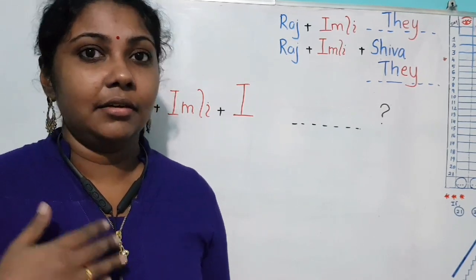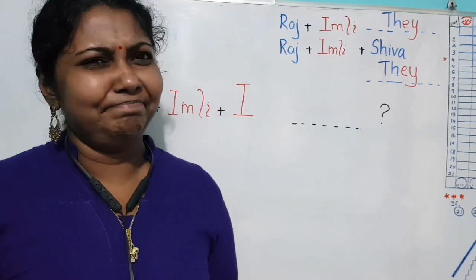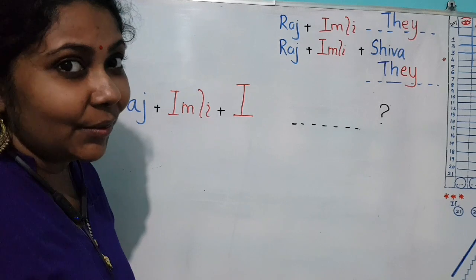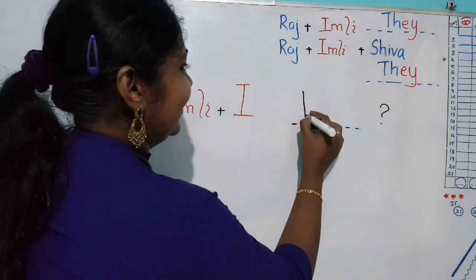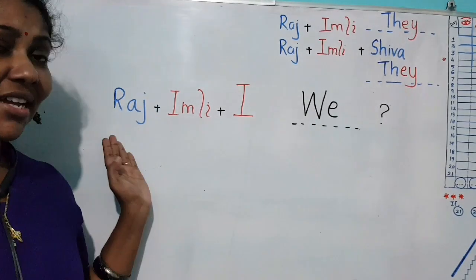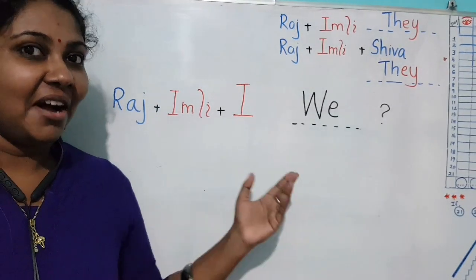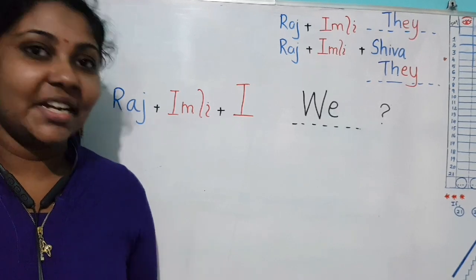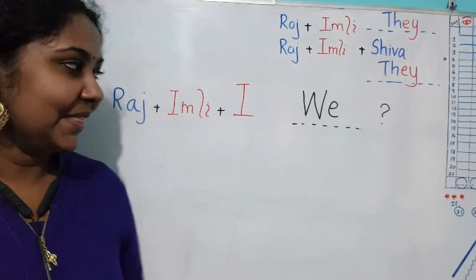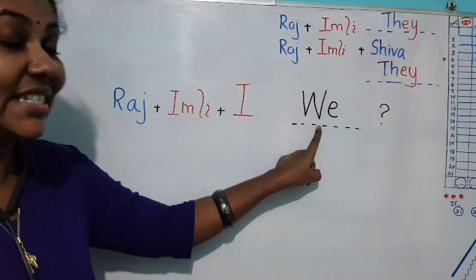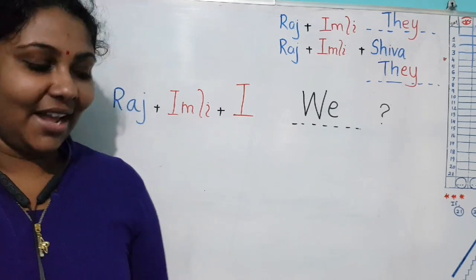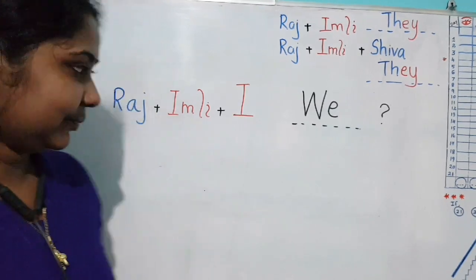Raj, Imli, and I. One word. We. Good. Raj, Imli, and I are teachers. We study together. We are friends. Okay? What's the word? We. Right.